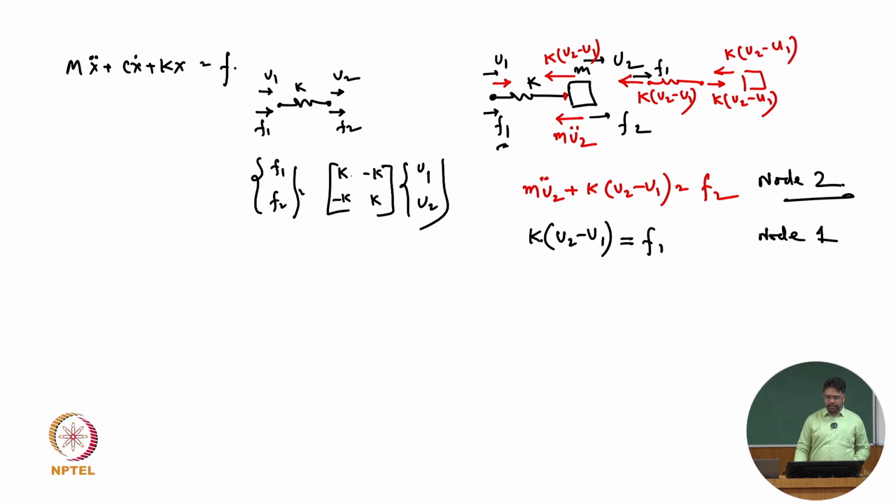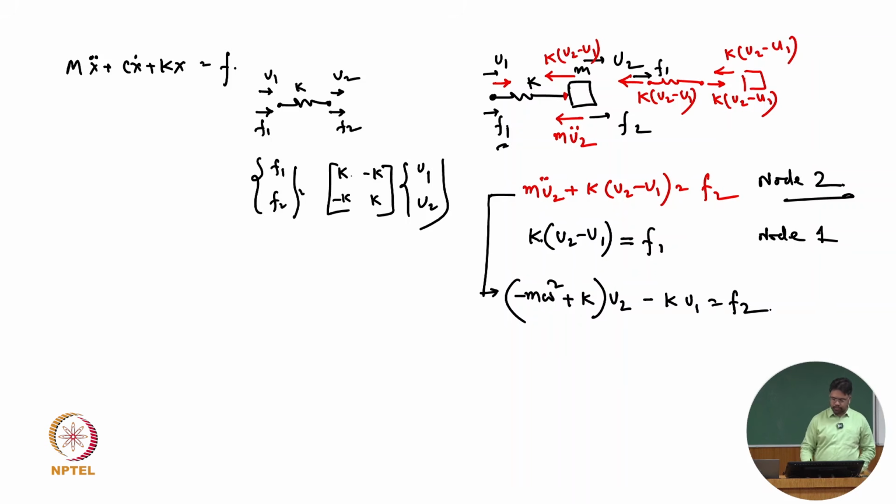So how can we rewrite the full thing? Now, if I take it, then minus m omega square plus k into u2 minus k into u1 is equal to F2.